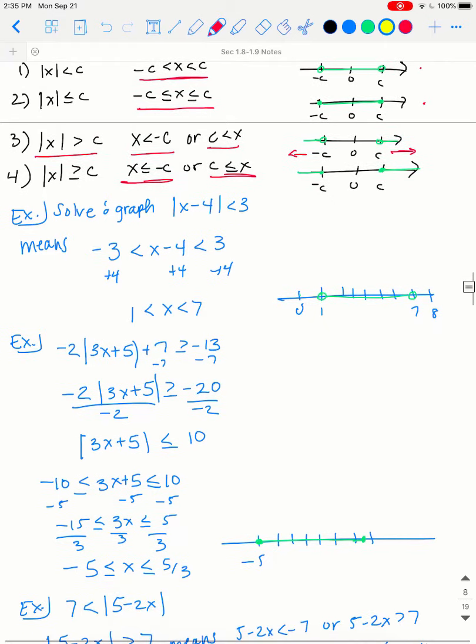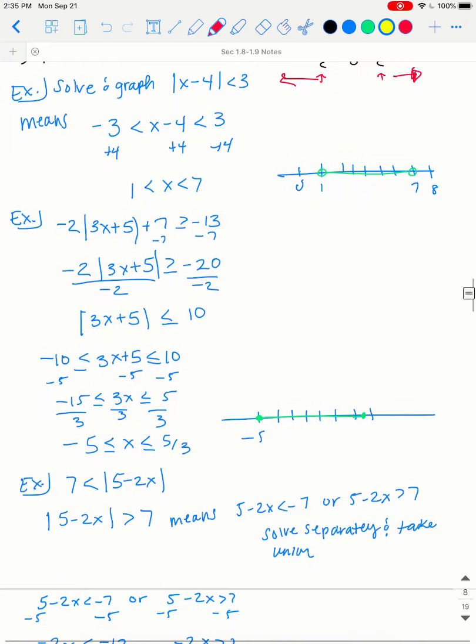Okay. And that's because here we can see our c and our -c. So if our x is less than or equal to negative c, that's going to be the values over here, our negative values. If c is less than or equal to x, that means our x is greater than or equal to c. So it's going to be that way.